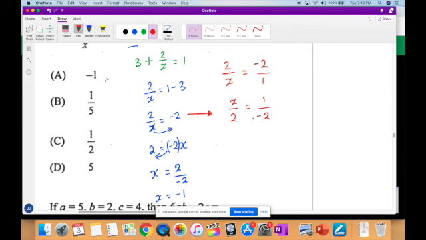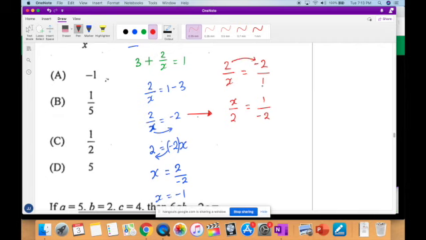And why does this work? I actually did this in one of the classes, in one of the examples there. Why does this actually work? In terms of flipping the fractions, what you're saying here is that 2 is equal to negative 2.